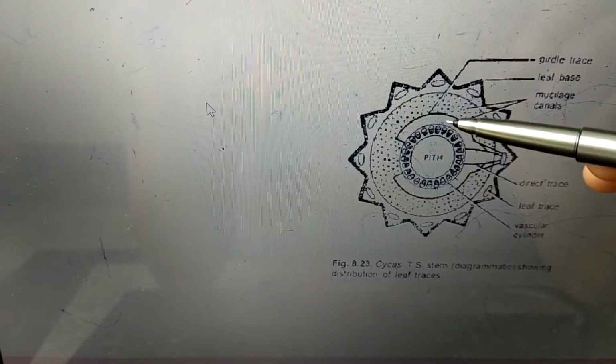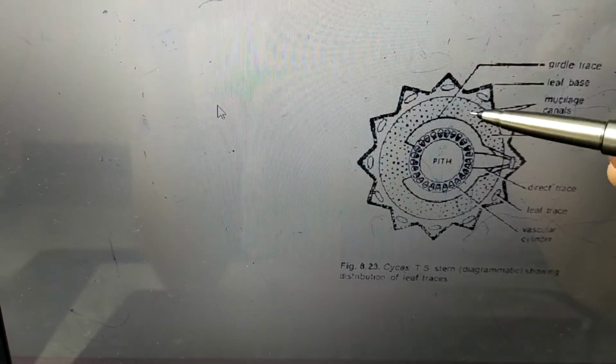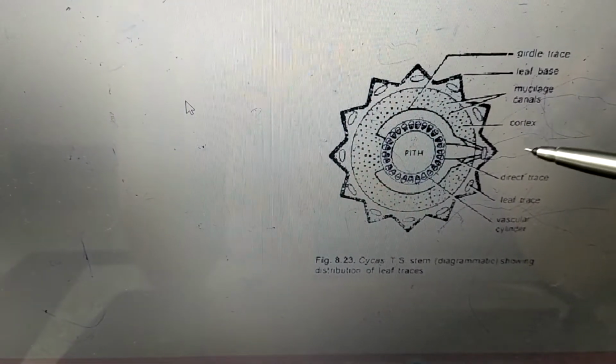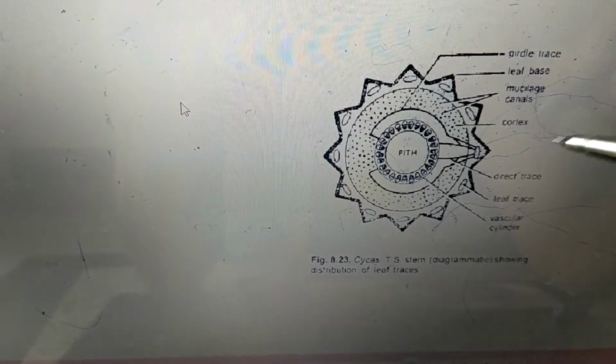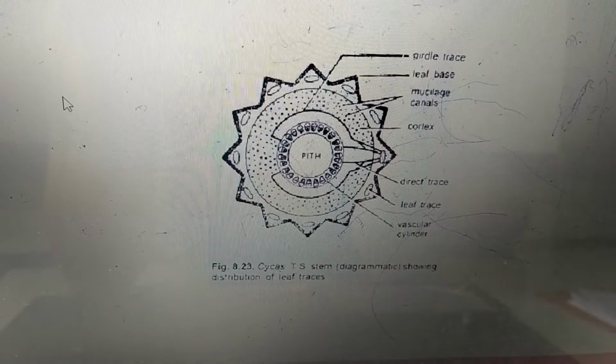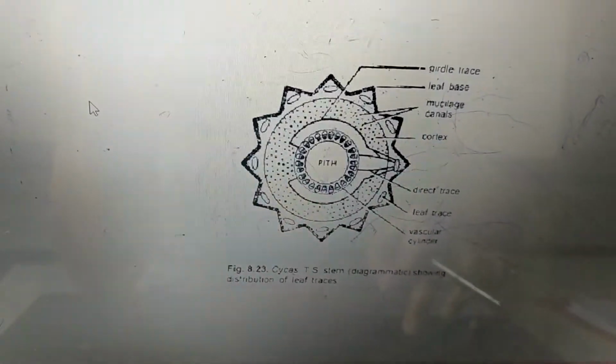This arc shape is what we call a girdle. So the trace which forms this arc shape, we call a girdle trace. Both are going to enter the leaf base. Through the leaf base they will enter the leaf, and they are going to form the vascular cylinder of the leaf. So this was a description regarding the leaf traces, which is again a peculiar character of Cycas.